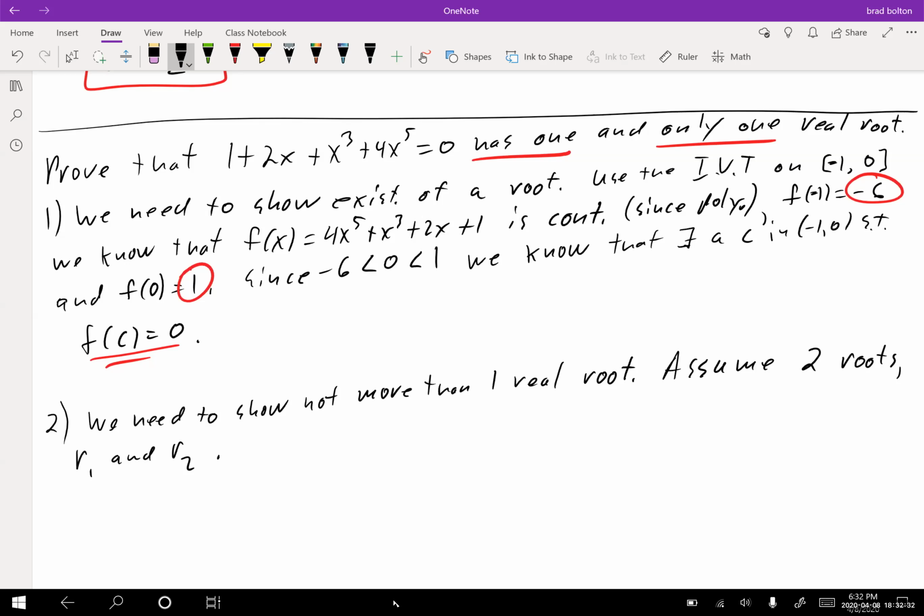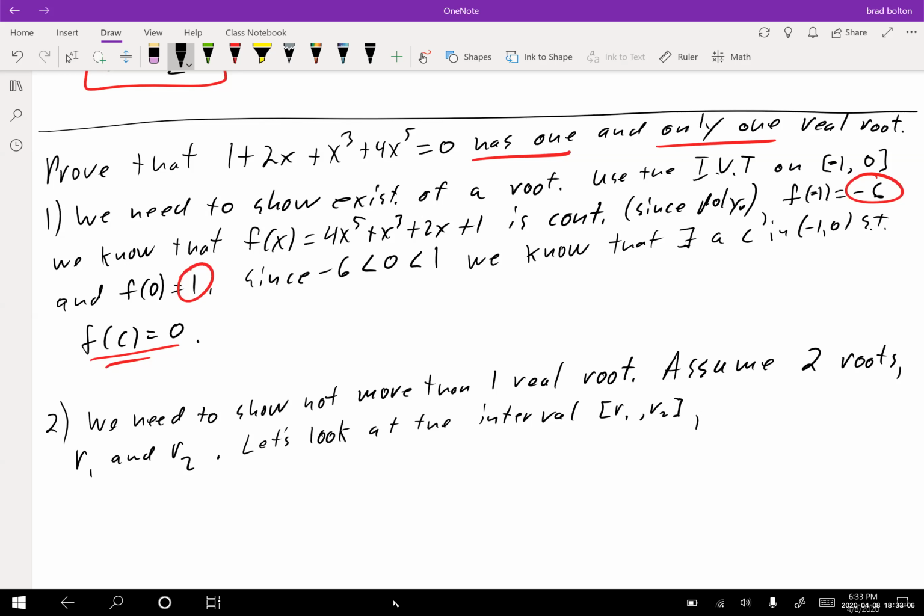Now we're going to be using the interval R1 to R2. Those are going to be our 2 roots, okay? Let me write this in a better statement. Let's look at the interval R1 to R2.